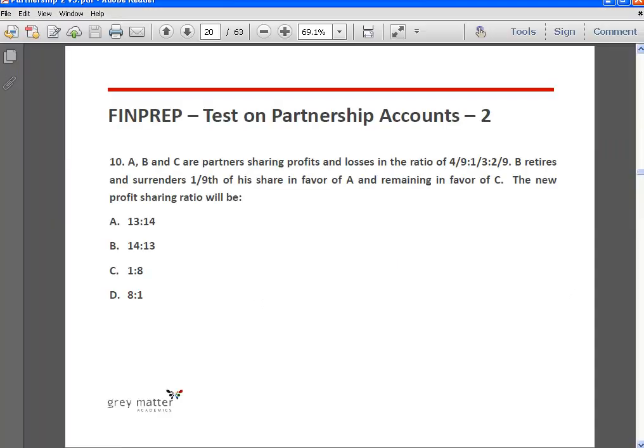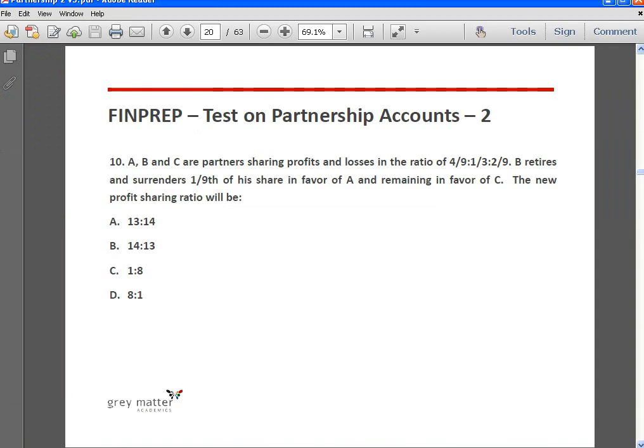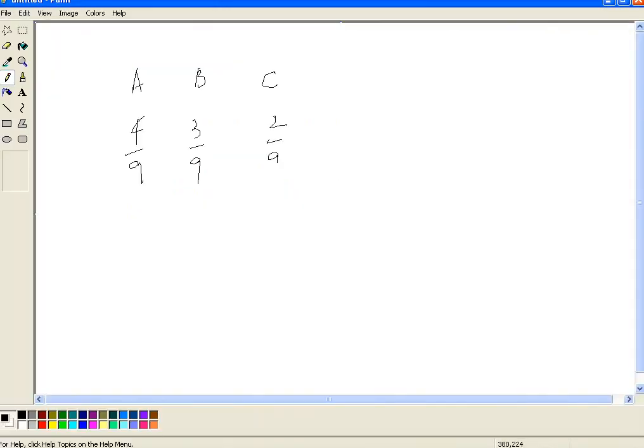here A, B, C are partners. Profit share is 4 by 9, 3 by 9 and 2 by 9.